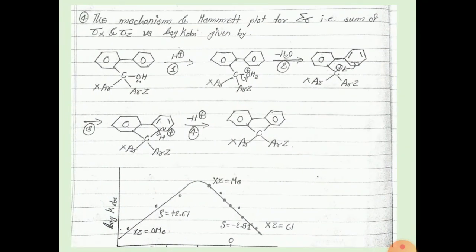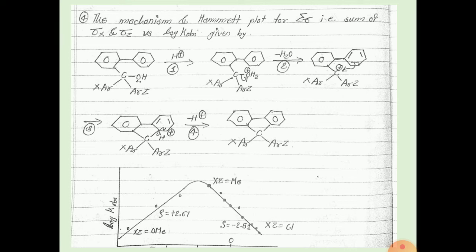This is the mechanism and the Hammett plot for the summation of sigma, that is the sum of sigma x and sigma z, versus log k observed. Firstly, in this mechanism, the H2O is protonated by the H+ and removed, then the carbocation intermediate is formed, and the aryl group attacks the carbon of the carbocation, forming the product.